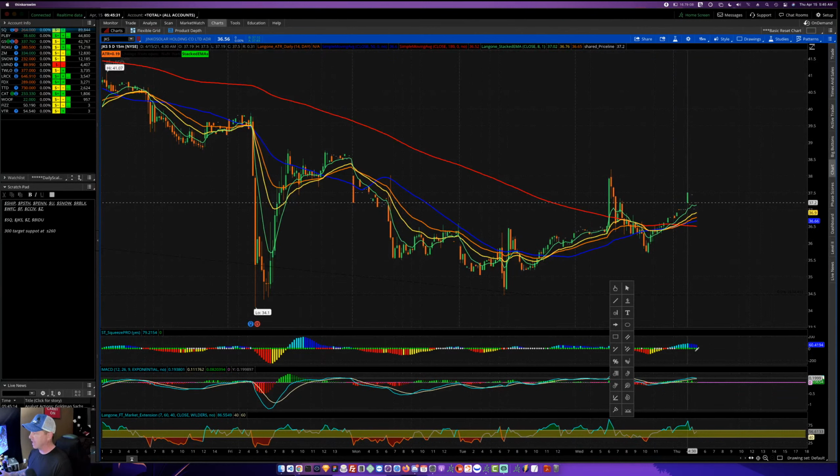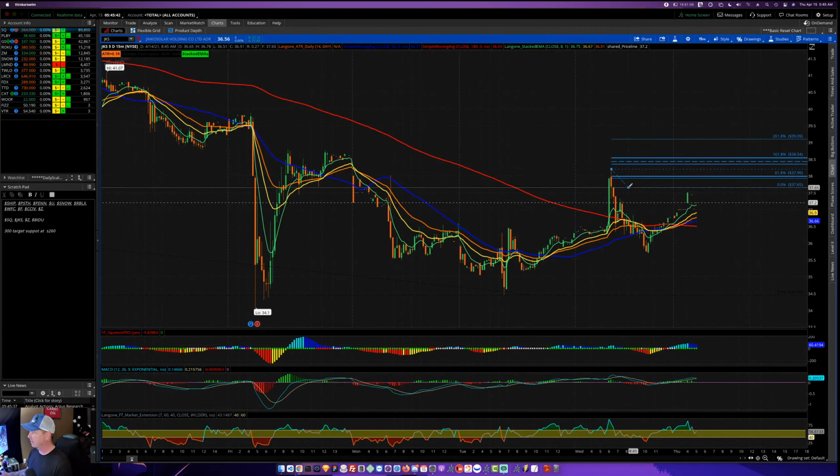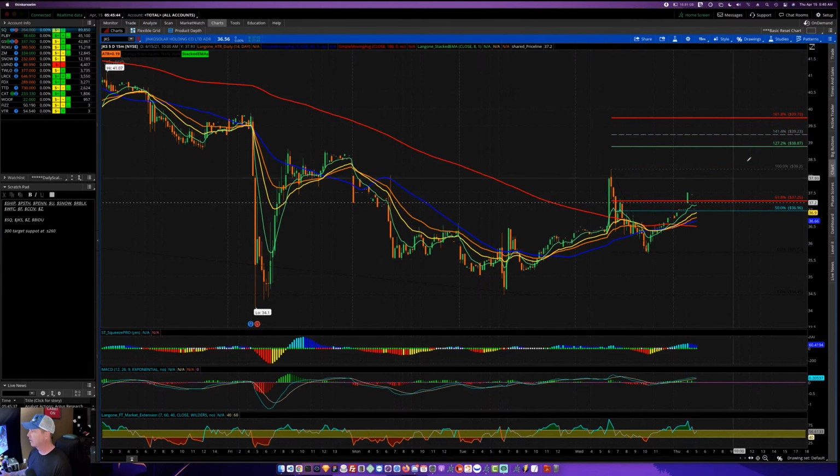Stacked positive MACD. We are currently in a squeeze that's fired. If we can get over yesterday's high of 39.18, we can look for a run up to 38.39.